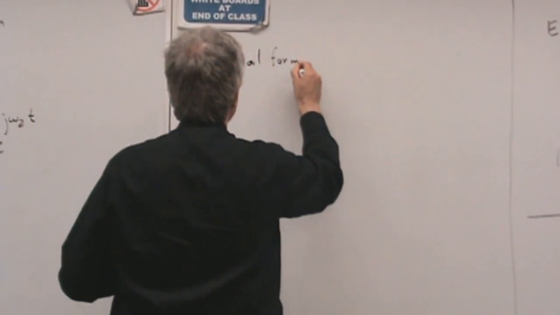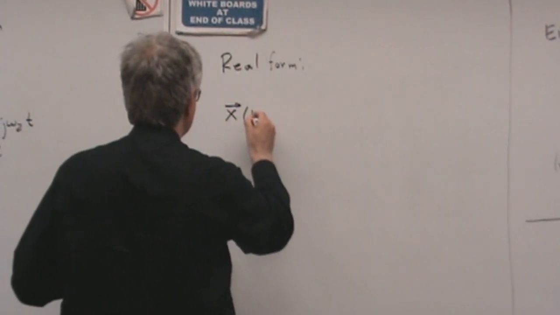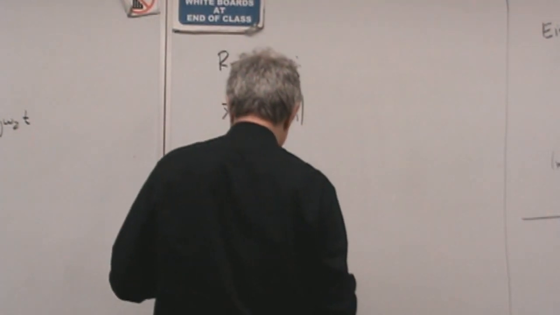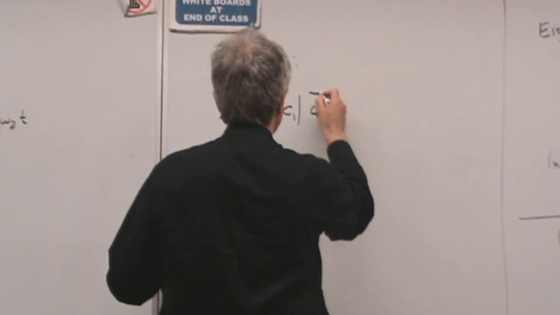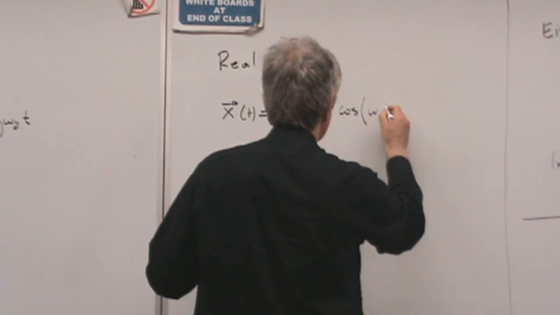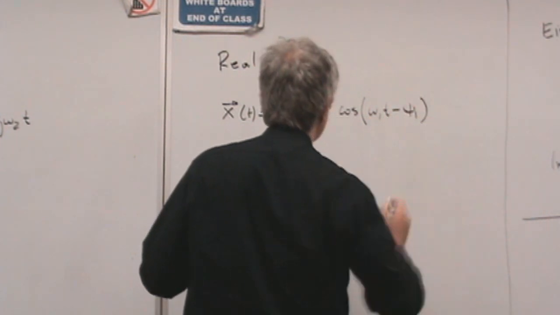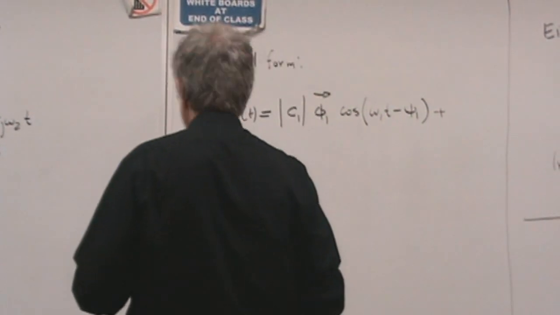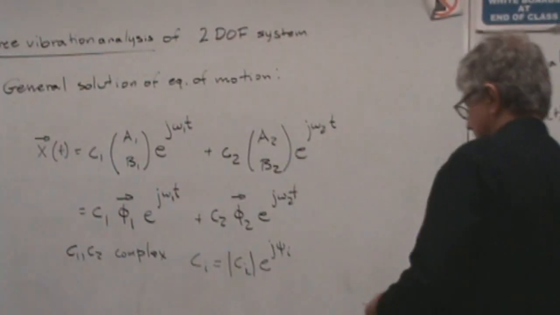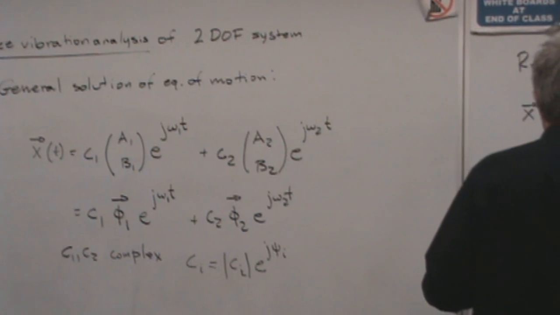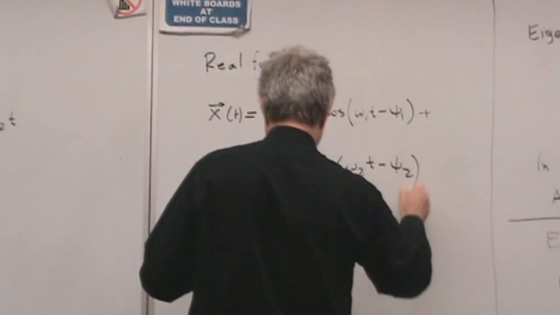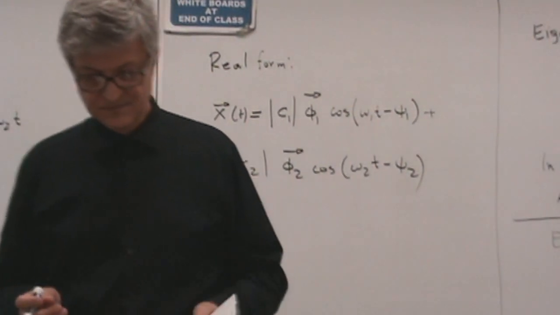Real form: x of t is a constant C1 times V1, the first eigenvector, times cosine of omega 1 t minus psi 1, plus the magnitude of this complex number, C2, times V2 times cosine of omega 2 t minus a phase angle psi 2.